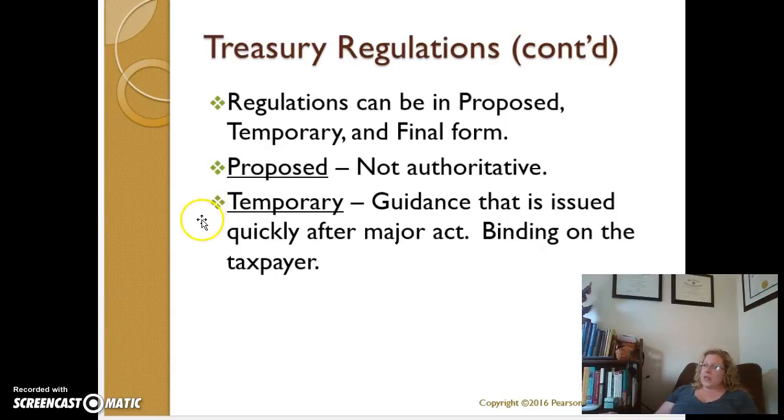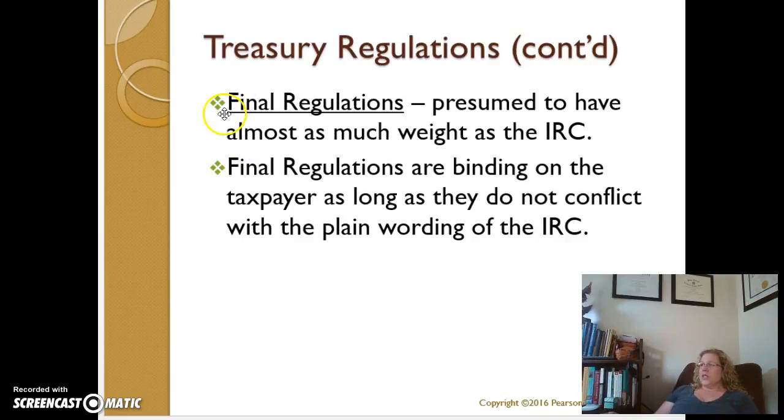Temporary: this is guidance that is issued quickly after a major act, and it is binding on the taxpayer, although they are temporary and they could change. Final regulations: these are presumed to have almost as much weight as the Internal Revenue Code. Final regulations are binding on the taxpayer as long as they don't conflict with the plain wording of the Internal Revenue Code.